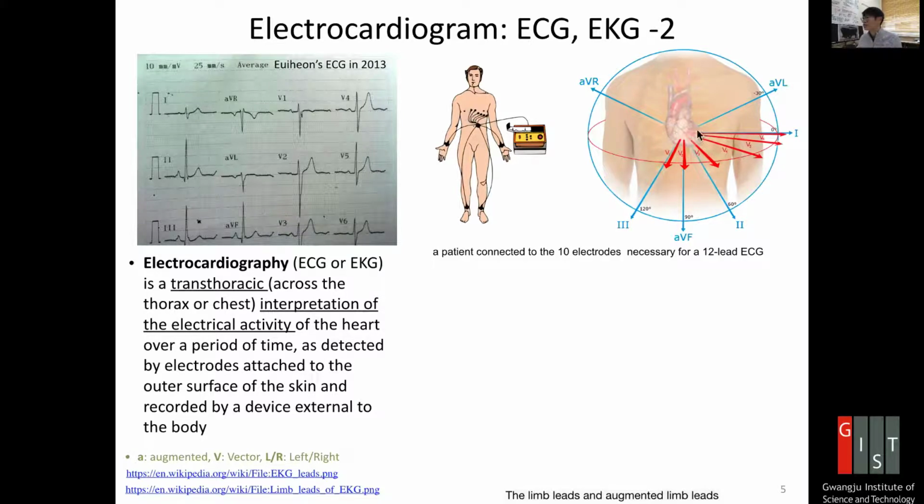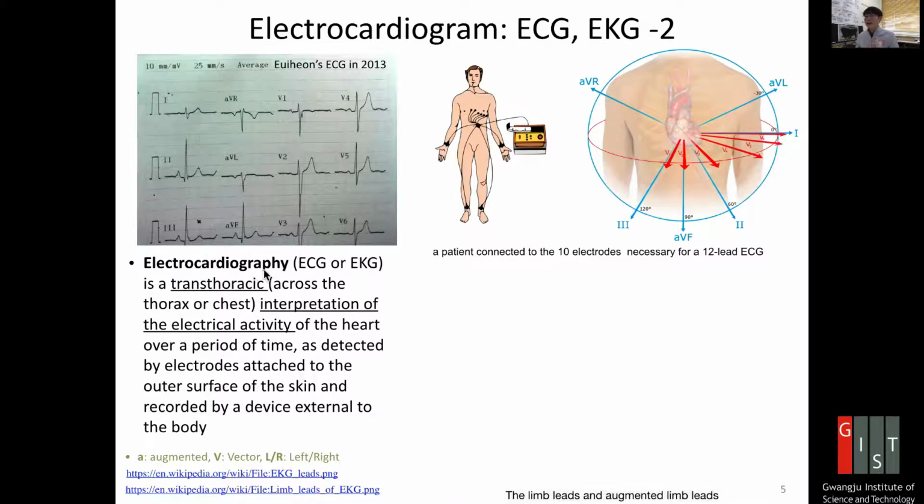V1 to V6 show the electrical vector onto a plane cutting across the chest, while in the frontal plane there is I, II, III, and also aVL, aVR, and aVF, which stand for augmented vector left, right, and foot.